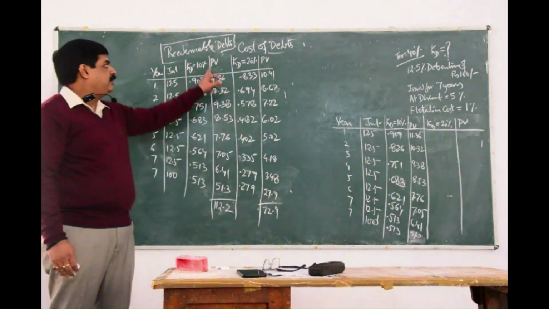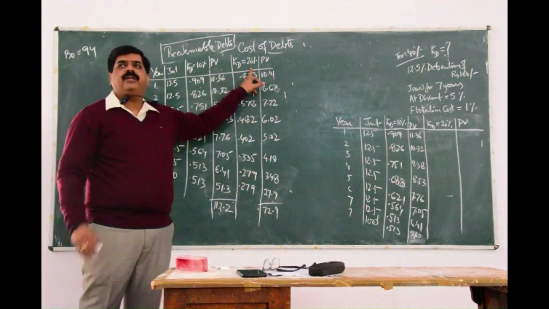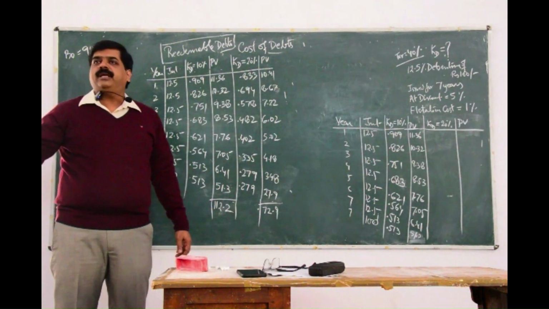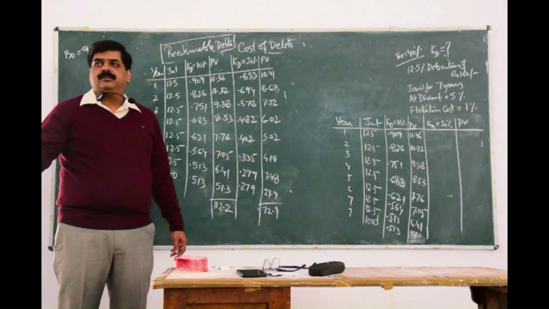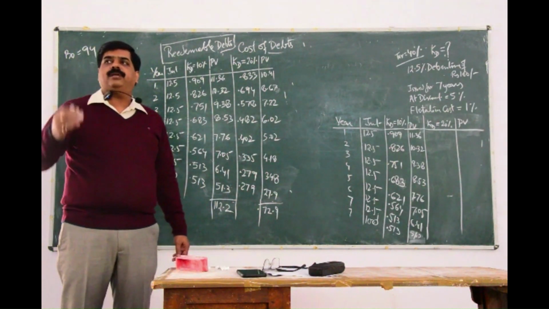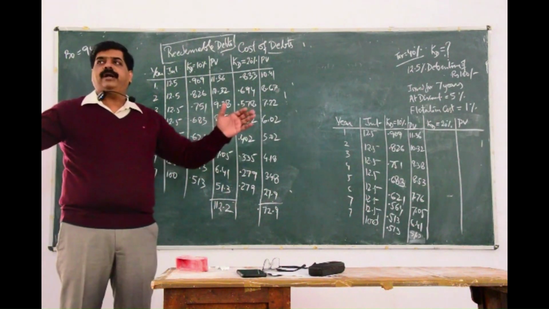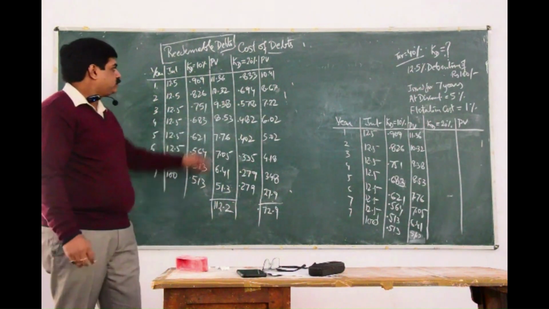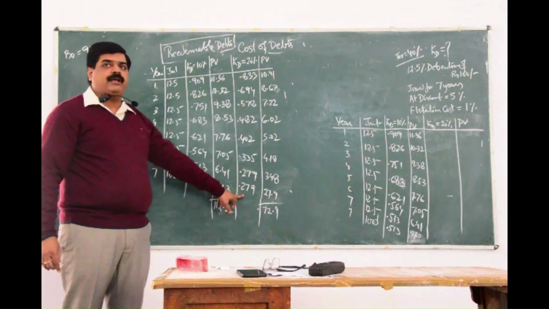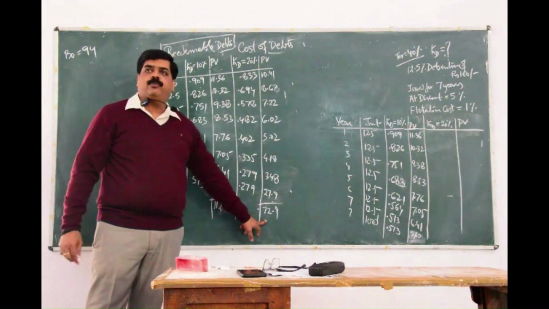We increase the value of KD to 20%. We can do it for 15 also, 16 also, 17 also, but there will be repetition. Just to avoid those number of calculations, we have taken an extreme point, that is 20%. Now when we take the value of 20%, the present value is coming to 72.9.